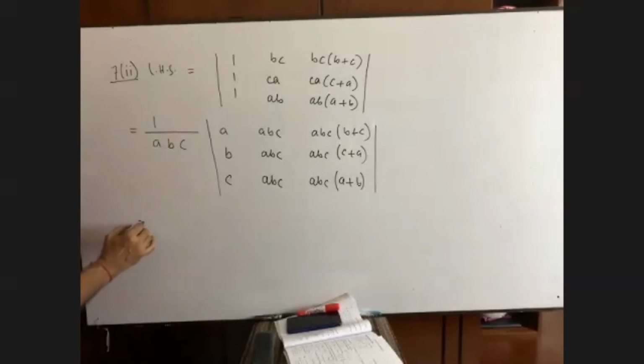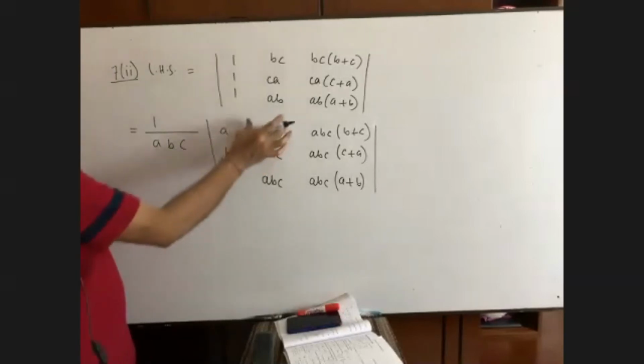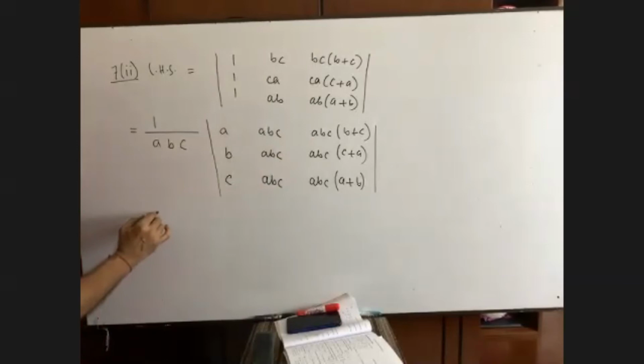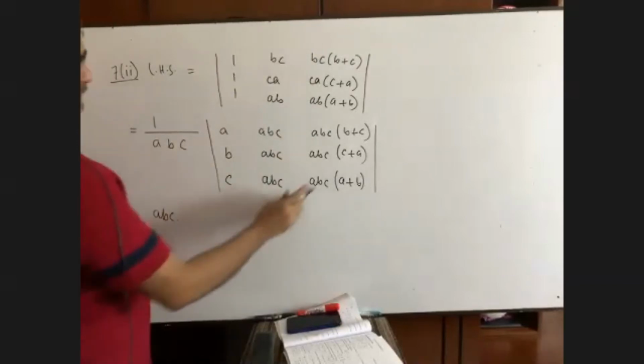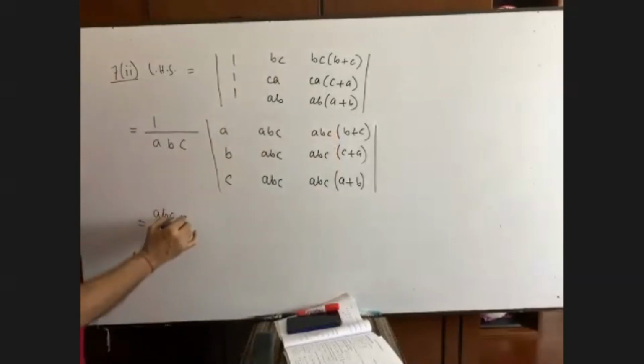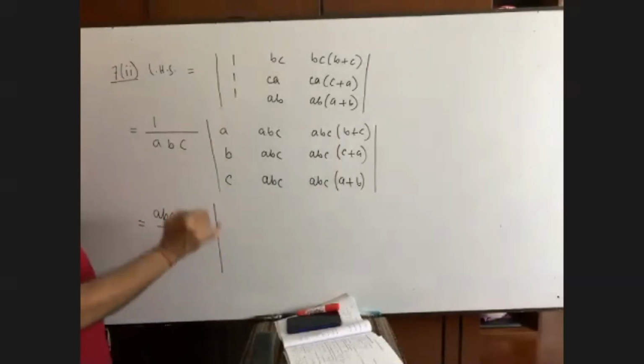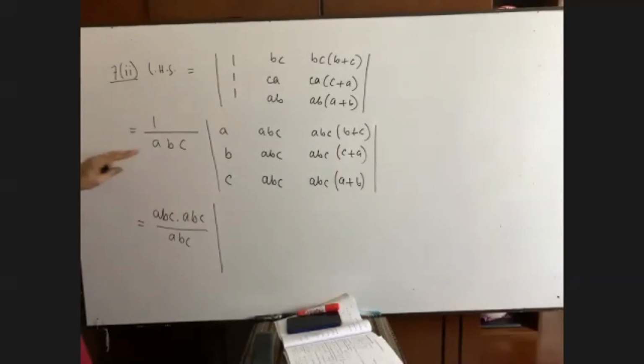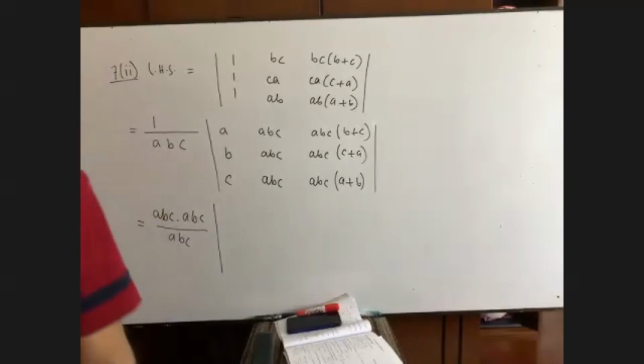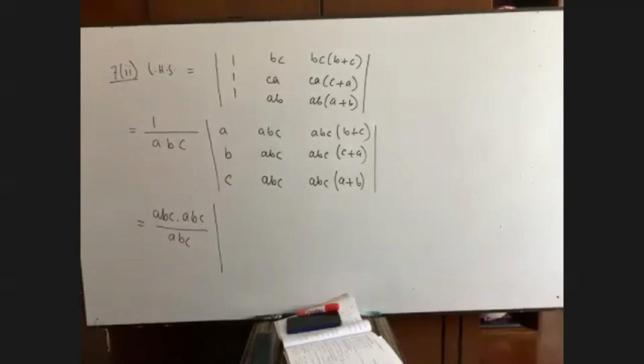Now you see, from the second column I can take ABC common. From the third column, I can also take ABC common. You will tell me where you fail to understand, or where I fail to make you understand. From the second column I have taken ABC common, and from the third column I have taken ABC common.